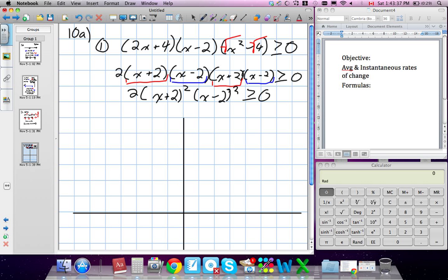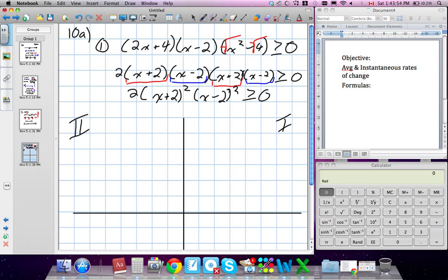So we have a quadratic function. Our a value is positive, so we know that we're going from quadrant 2 to quadrant 1. Does that make sense?